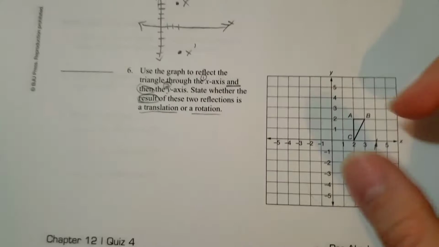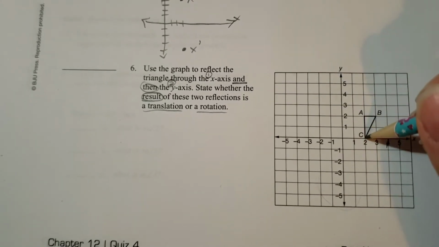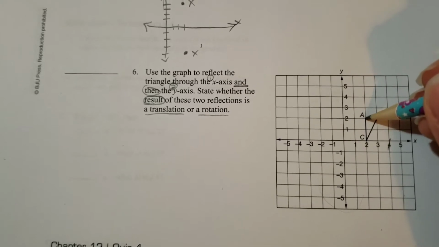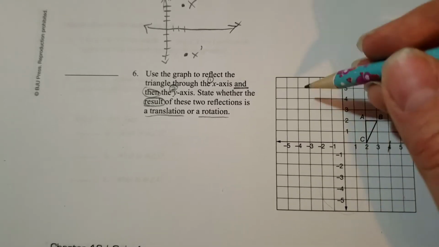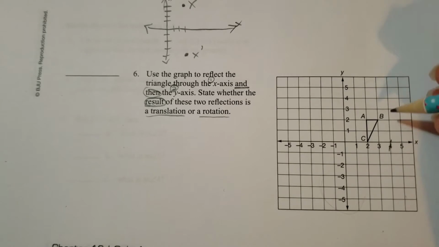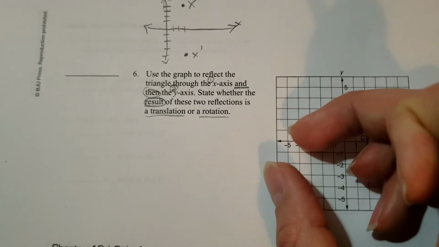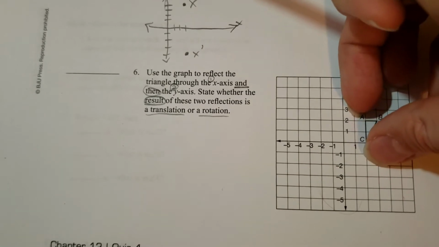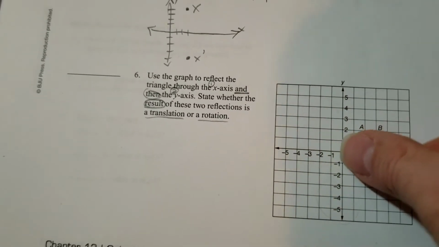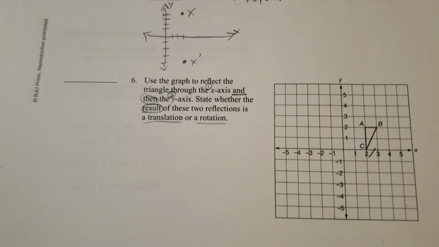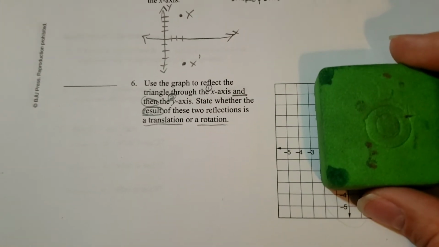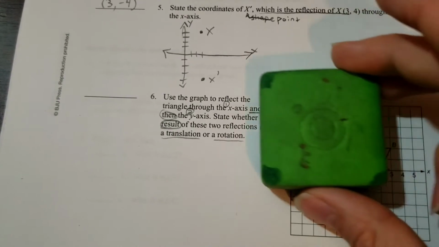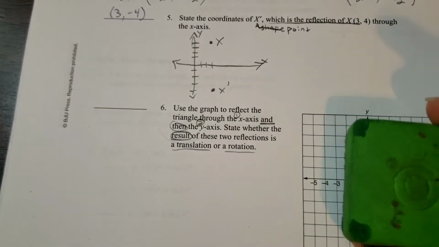So if it's going to be a translation, then it's going to look like this, you know, A, B, C, with the right angle kind of pointing in this direction. And it would just be moved over here or moved somewhere. But if it's a rotation, then it's turned.